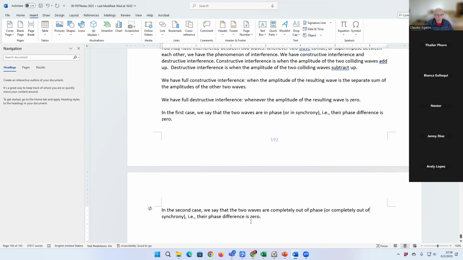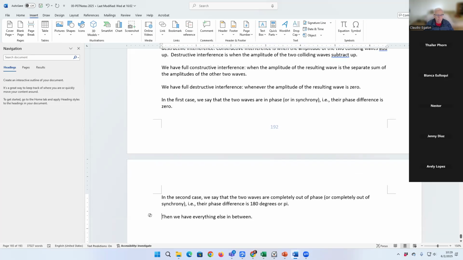In other words, their phase difference is 180 degrees or pi. Okay? Then you have everything else in between. Then we have interferences that fit everything else in between.